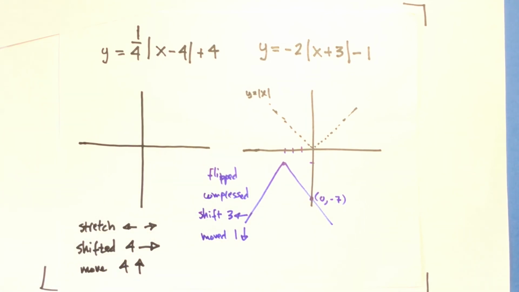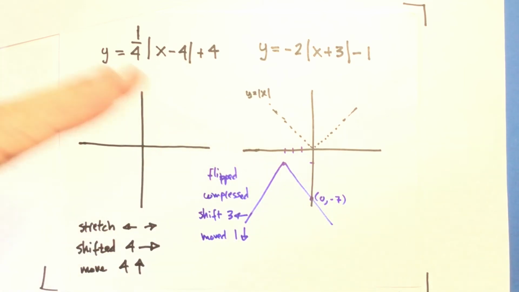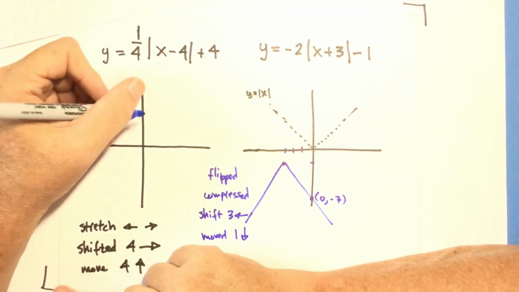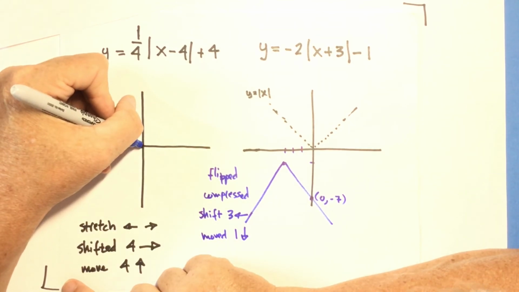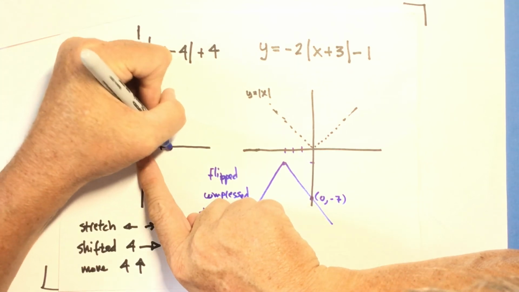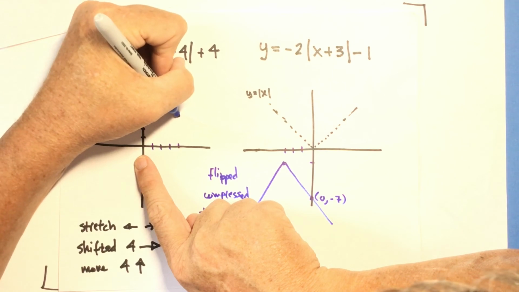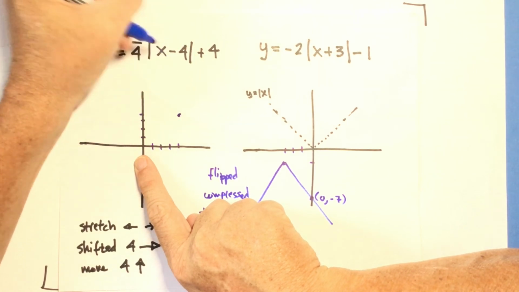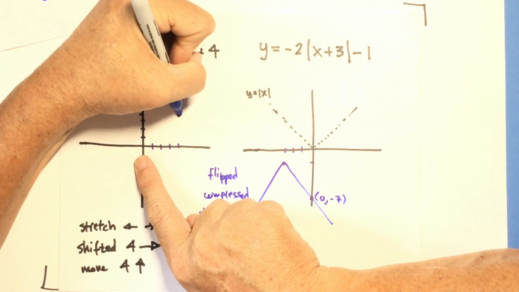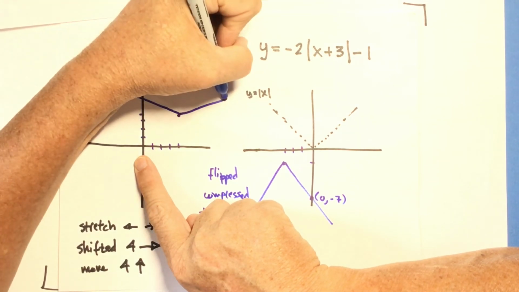So this graph, which normally would have looked like our parent graph, is going to be stretched out, over 4, 1, 2, 3, 4, and up 4, 1, 2, 3, 4, and squashed by quite a bit. It's going to go up 1/4 of the speed it used to.